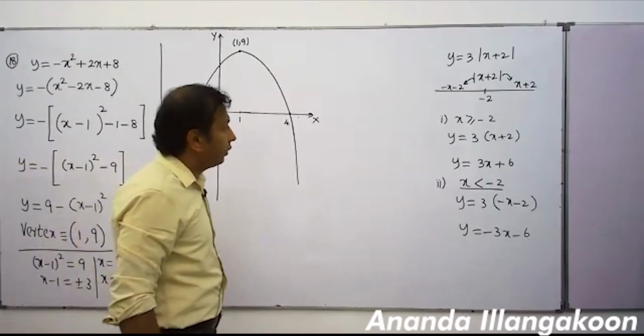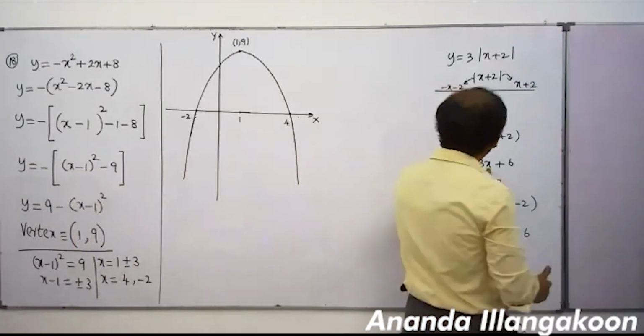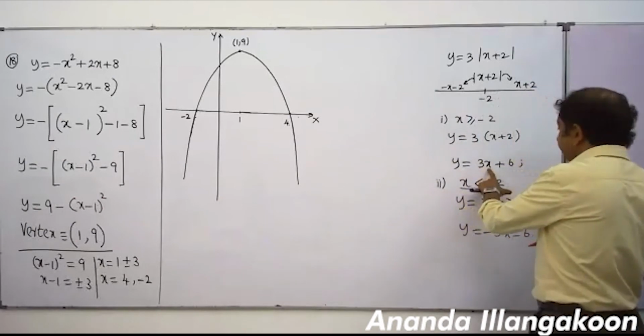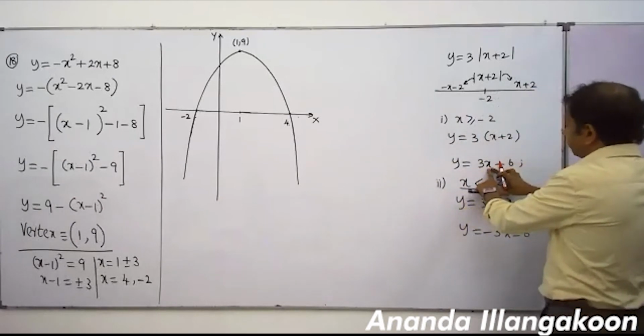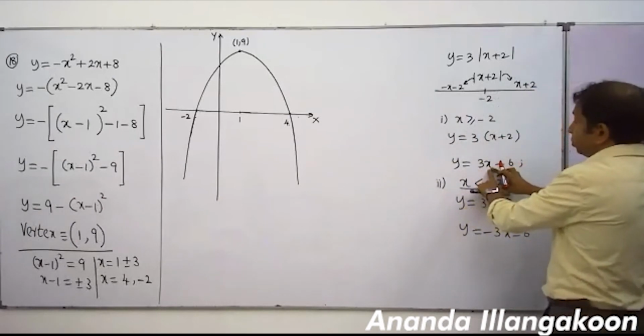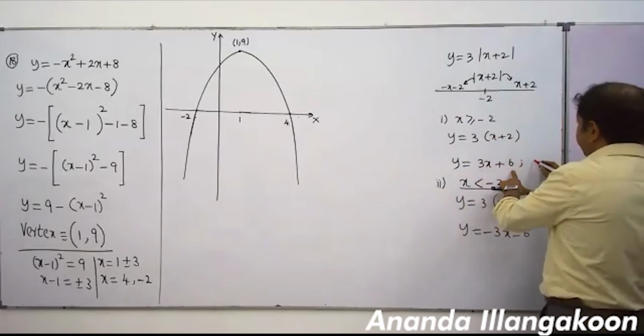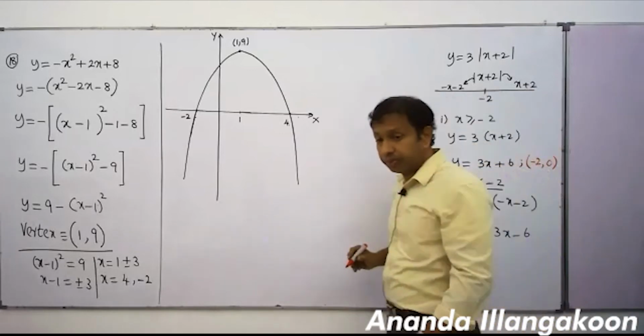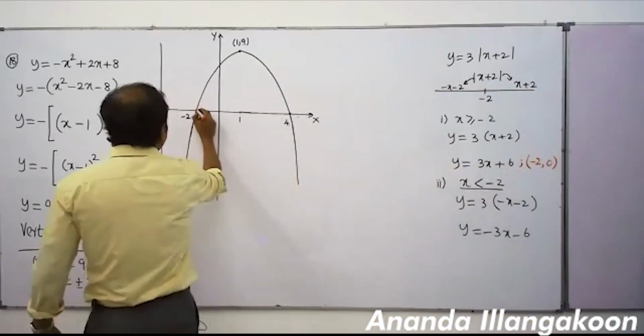Right. To draw this we need a point, no? Put x equals minus 2. 3 into minus 2 is minus 6, plus 6, is 0. So at x equals minus 2, y is 0. The point is (minus 2, 0).